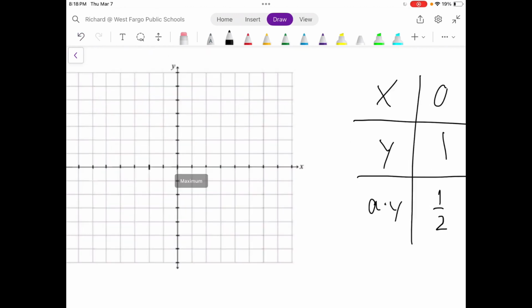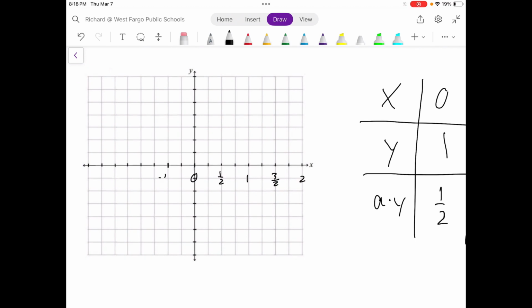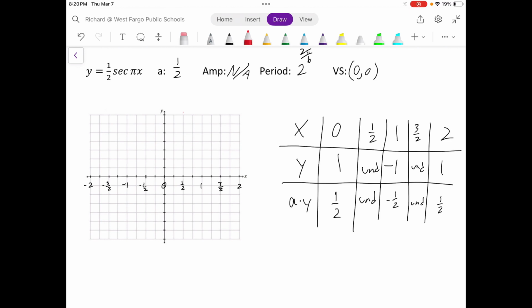We can also label our graph 1 over 2, -1 over 2, -1, -3 over 2, -2. Back at our chart, at 1/2, we are at undefined, so we can draw a dotted line. At 3 over 2, we are also at an undefined point, so another dotted line. That'll carry over to the negative side as well. At 0, we are at 1/2, so we can plot that point right there.